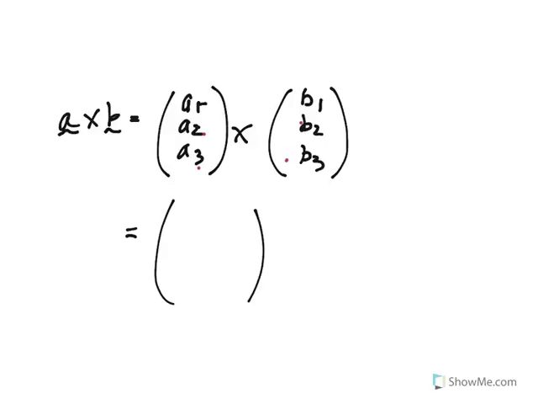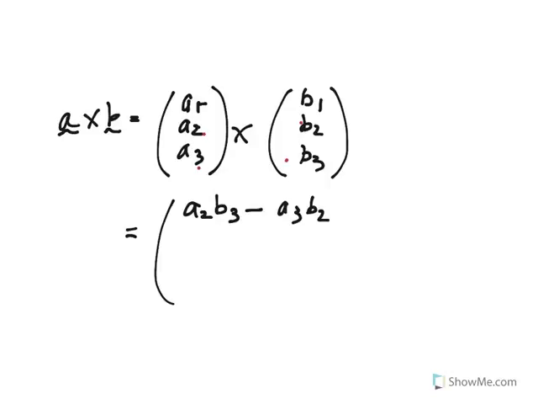So the first component is A2, B3 minus A3, B2.